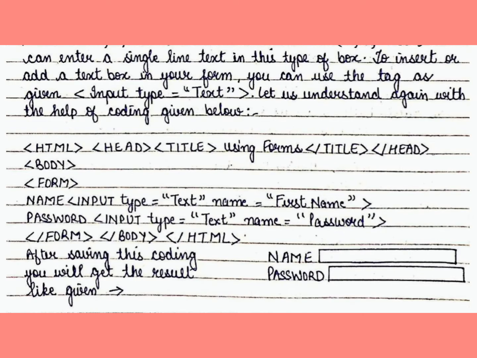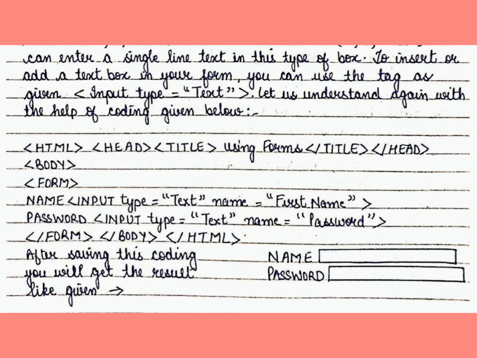To insert or add a text box in your form, you can use the tag as given: input type is equal to text. Let us understand again with the help of coding given below.